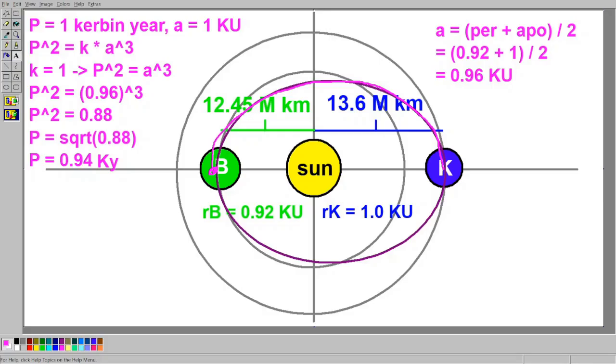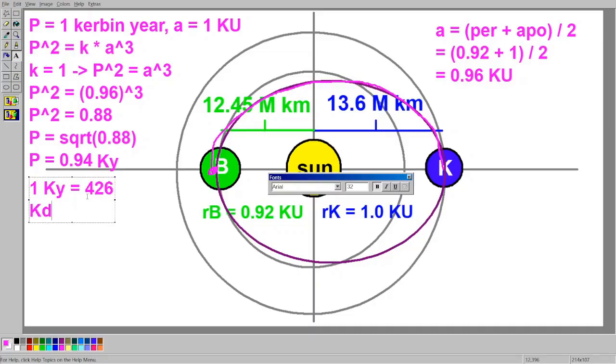Alright, I Googled it and apparently 1 Kerbal year is equal to 426 Kerbal days, I think. Wait, let me Google it again. How can I forget that quickly? Well, it's not like I forgot, let me just Google it again.